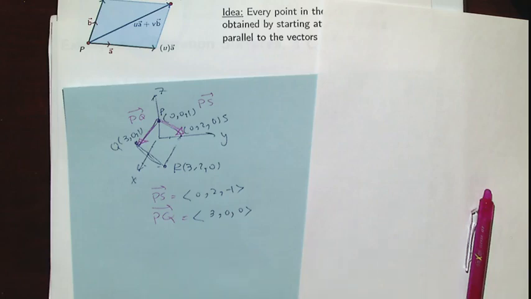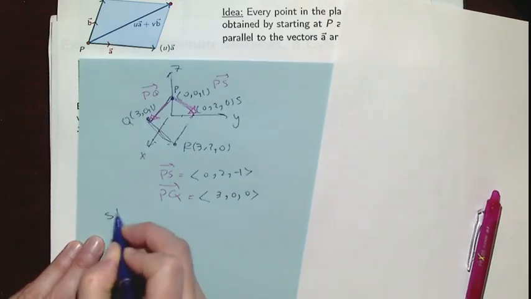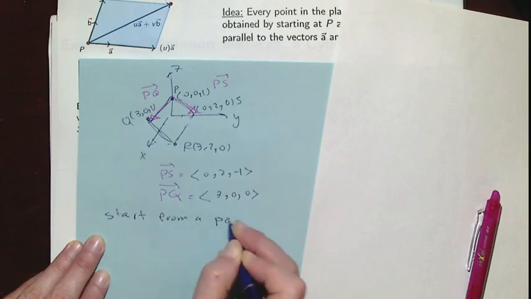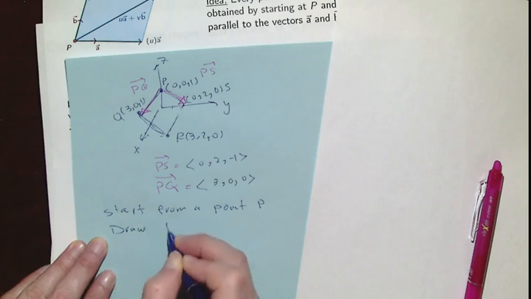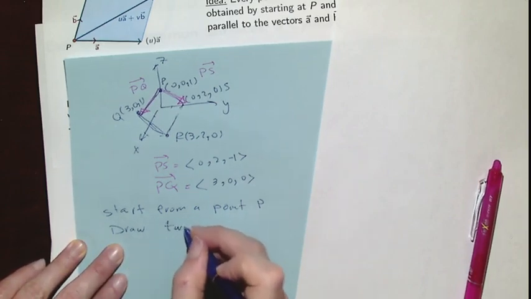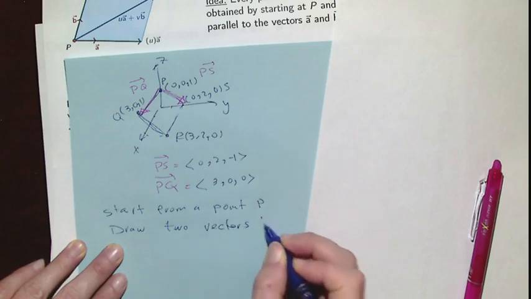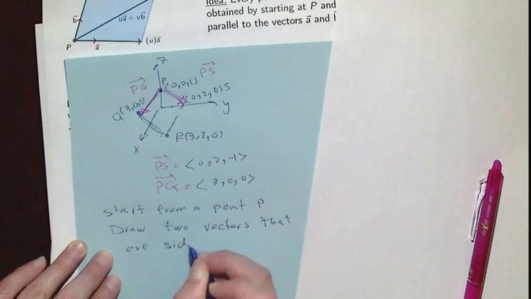The bounds are not going to come out nicely. But if you follow this step: start from a point, draw two vectors that are sides of the parallelogram.